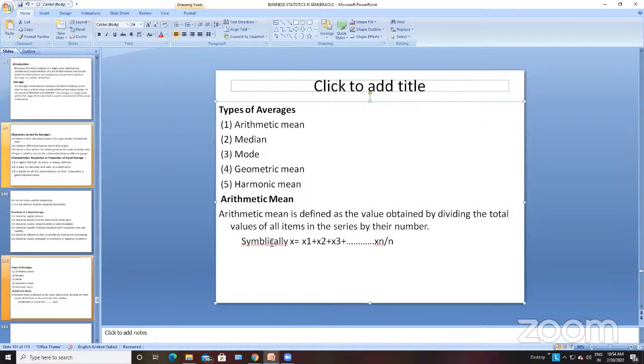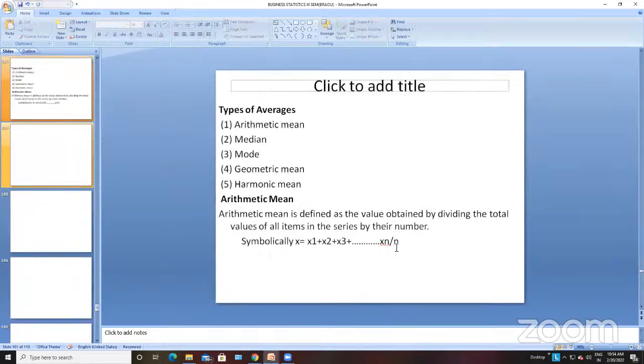So, symbolically, here is how you have to calculate: 1 plus 2 plus 3, till infinite, however many numbers are given. You should add those all and divide by the number of observations. Means however many numbers there are, we have to divide by that many. Okay.